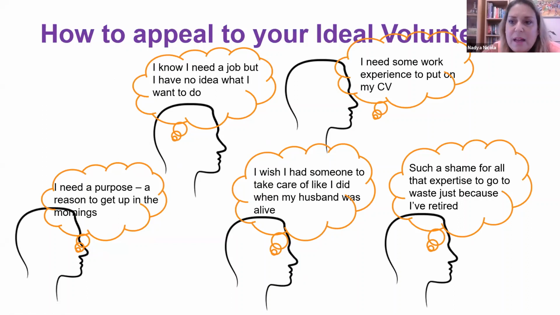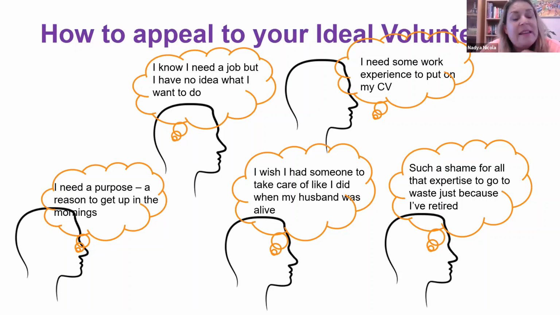The next thing that we need to look at is how to appeal to your ideal volunteer. Once we know who that person is that we're looking for, the minute we understand the character that we want in our organization, we need to start thinking like they do. What is it that matters to them that you can say that will make them want to work for you?